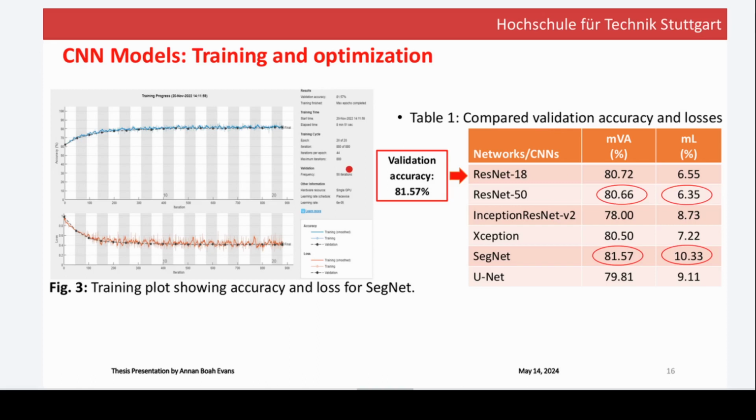Looking at the table on my extreme right, it is clearly seen that ResNet 50 had a validation accuracy of 80.66 and achieved a minimal loss compared to SegNet, which, even though it achieved higher classification validation accuracy, had a very high loss. So when selecting the best algorithm, you have to take into consideration both the validation accuracies and the minimal loss incurred during training of your model.